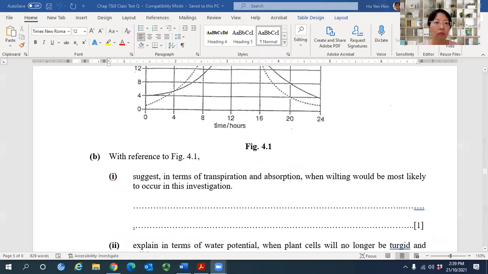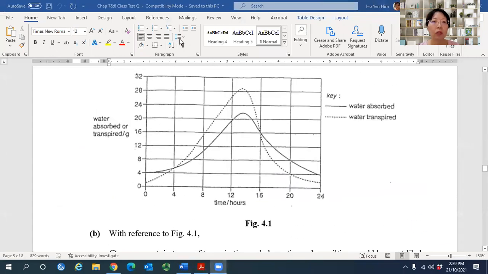This is the point when the rate of transpiration is higher than the rate of water absorption, all the way until this point, which is 4 to 16 hours. But marks are only given if you say when water transpired is more than water absorbed.